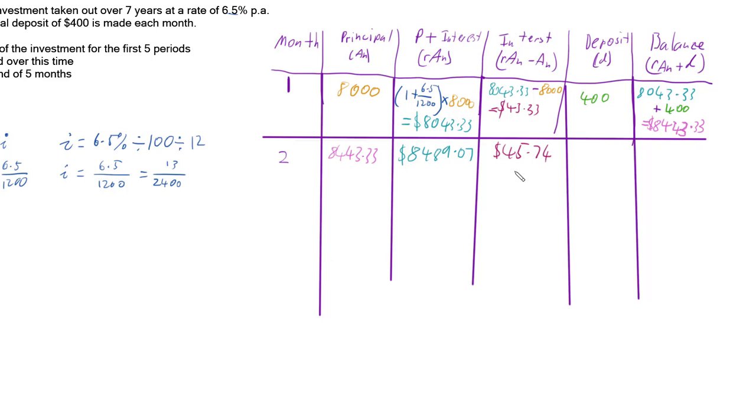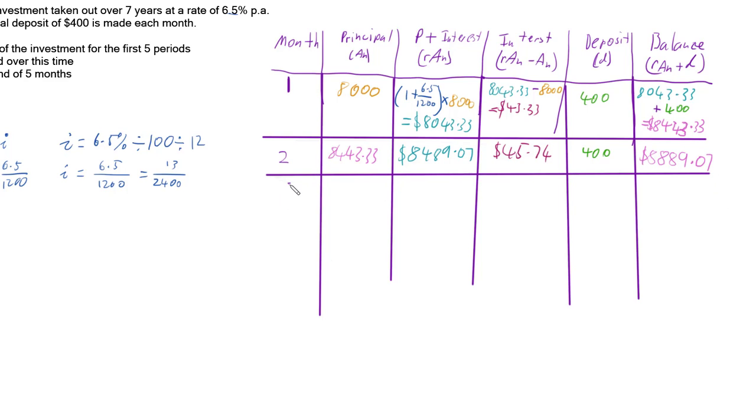So our interest is growing quite well here as well. Deposit is still going to be $400. And so now I can work out my balance by doing my $8,489.07 add on $400, and that gives us a balance for the end of the second month of $8,889.07. So that's the end of the second month.